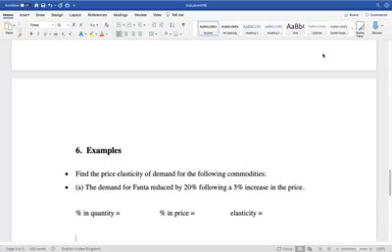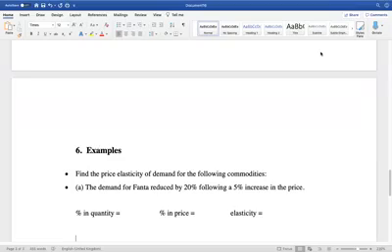What is the percentage change in the quantity in this case? That's the question. I want someone to answer. The demand for Fanta reduced by 20% following a 5% increase in the price.